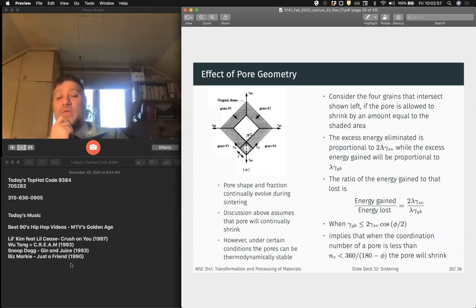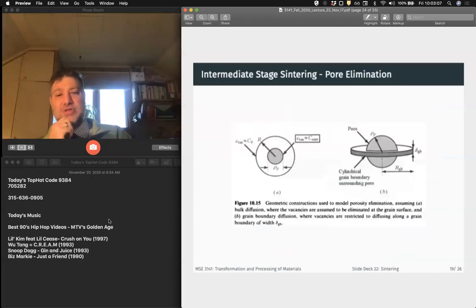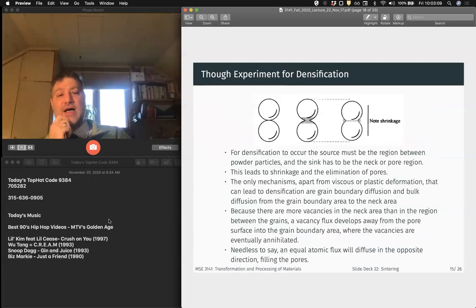So not only grain boundary diffusion, you can also have bulk diffusion from the area between the particles to the neck, right? I can either diffuse along the grain boundary between these two particles, or I can have bulk diffusion from this interparticle area to the neck, right? Remember, we have an increased vacancy concentration here.